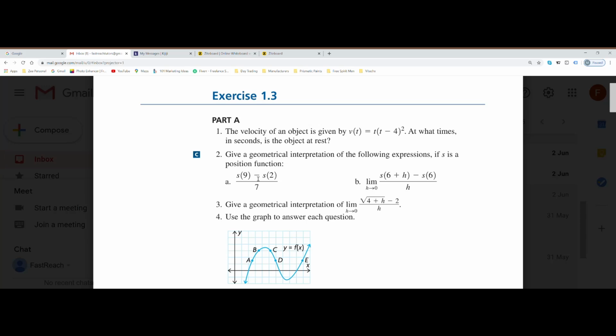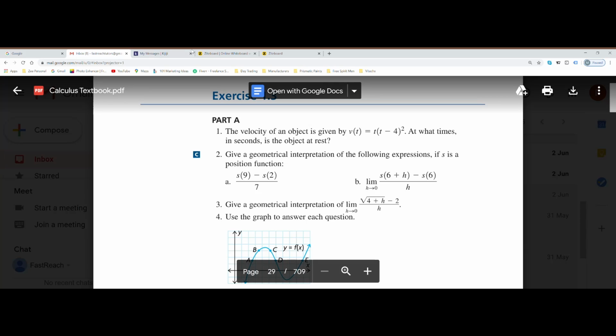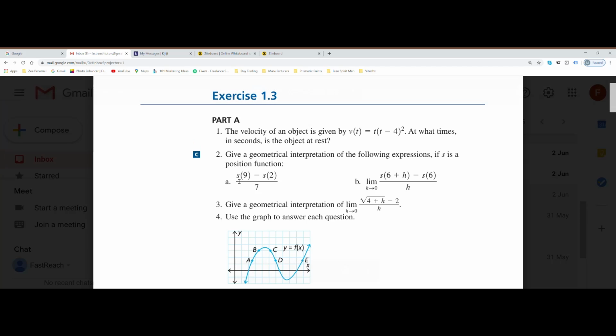When you find the slope between 2 points, you're finding the slope of a secant. If you're finding the limit at a single point, you're finding the tangent for that point. So here you see that it's 2 points, so you're finding the secant.